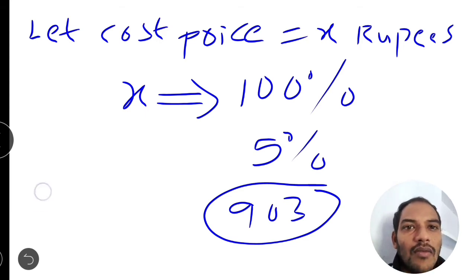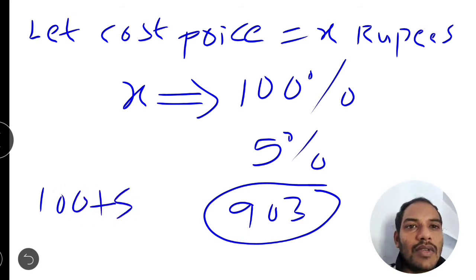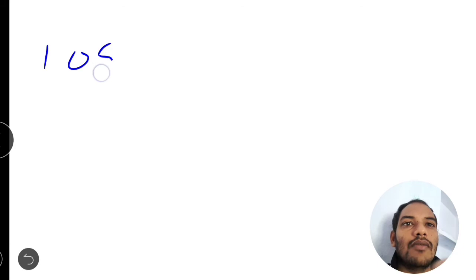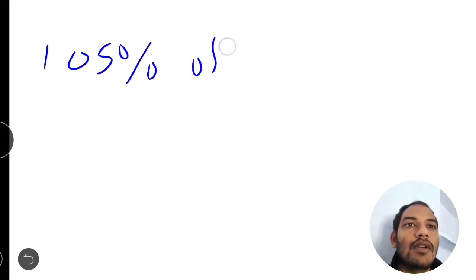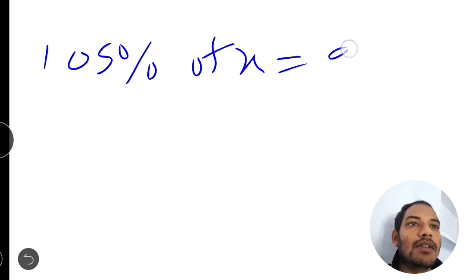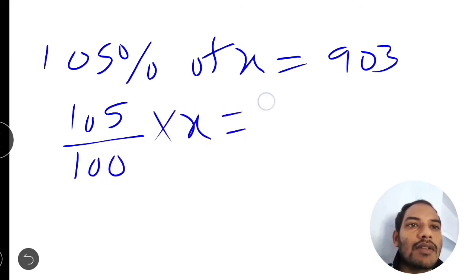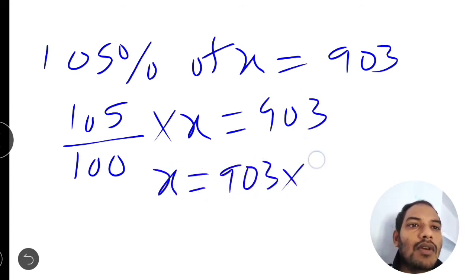That means 100 plus 5%, because it is a gain, so we should add it to the original cost price X, which equals 903 rupees. So 105% of the original cost price X equals 903 rupees. Converting the percentage into a fraction, 105 by 100 into X equals 903, then X equals 903 into 100 divided by 105.